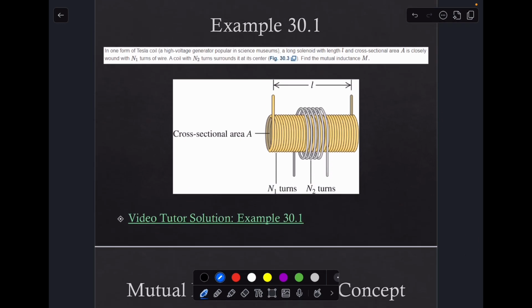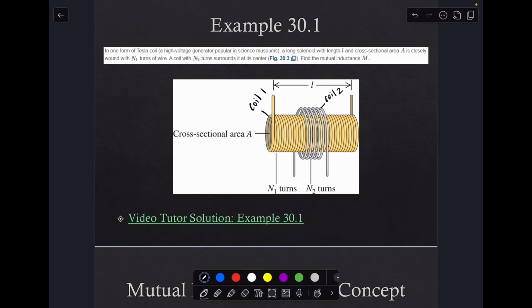So let's do this example. This example is kind of like a derivation as well. So we have two coils, and they're coaxial. Okay, so they share the same axis. And one has length L, number of turns N1. So this is going to be coil 1. And then this will be coil 2.